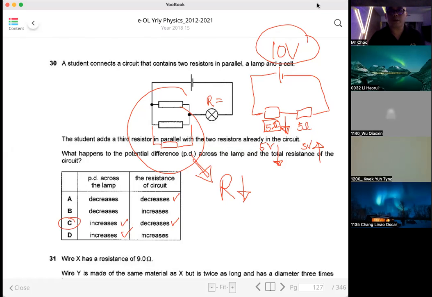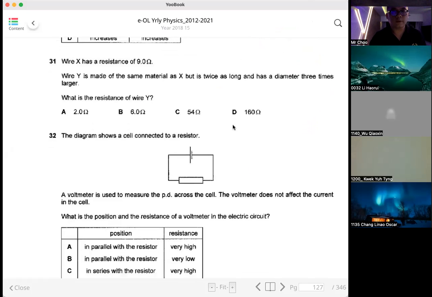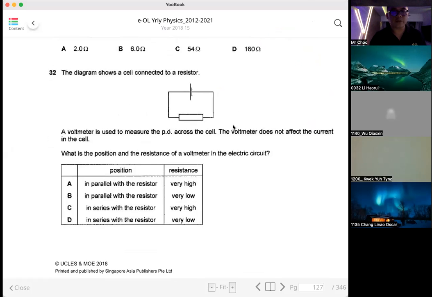Let's do question number 32. Okay, do 32 now, everyone.